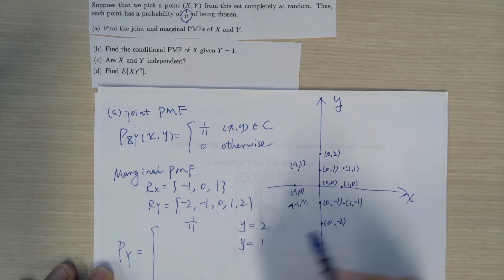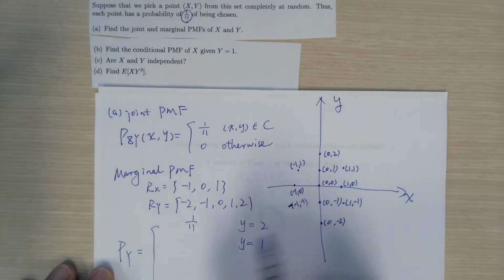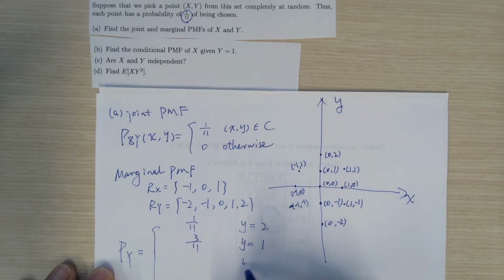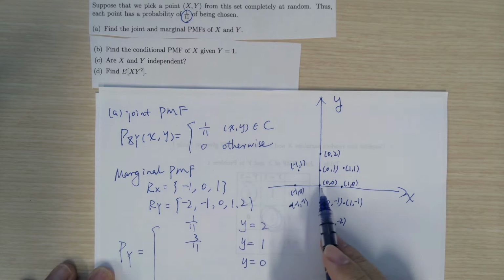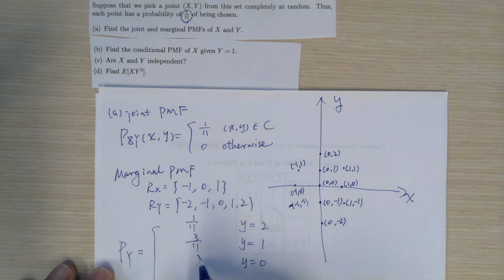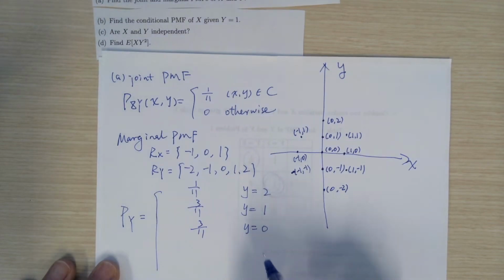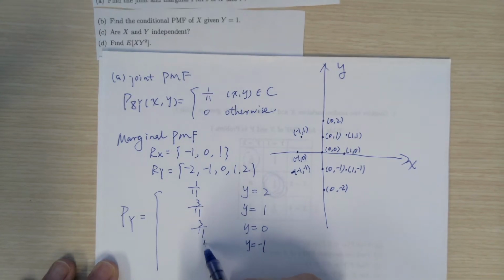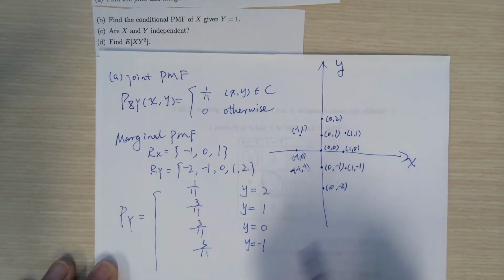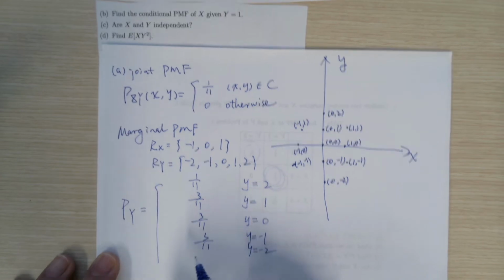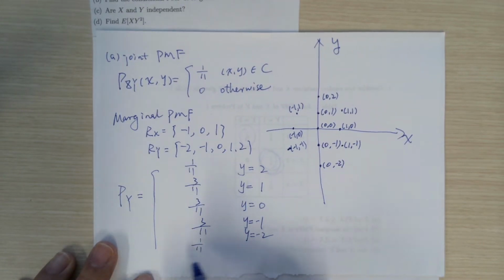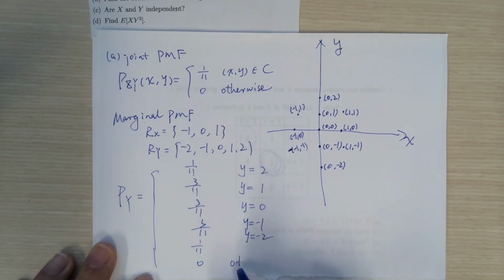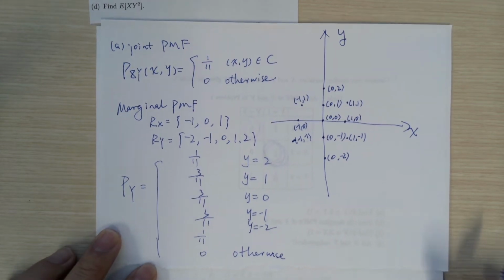Y equals 1, it's the sum of these 3 points, right? 3 over 11. Y equals 0, again it's 1, 2, 3, so 3 over 11. Y equals minus 1, 3 over 11. Y equals minus 2, it's going to be 1 over 11, and 0 otherwise, right? So we know that.